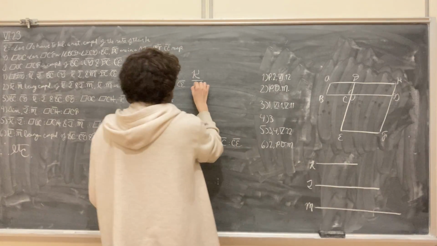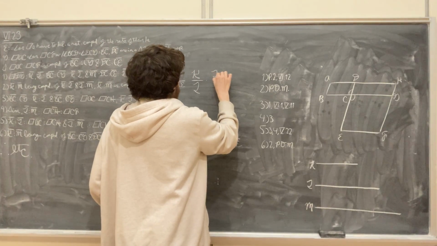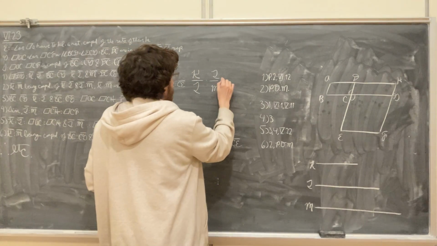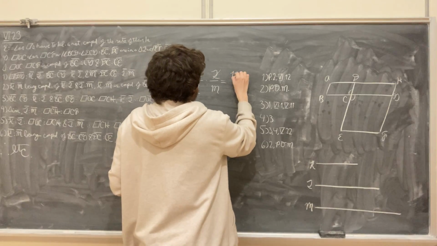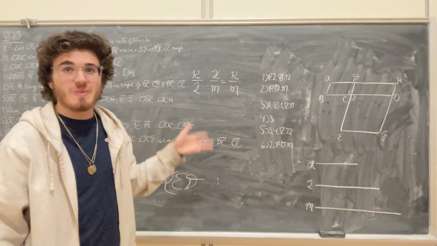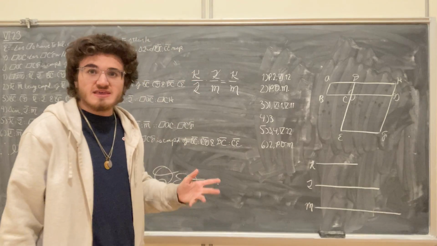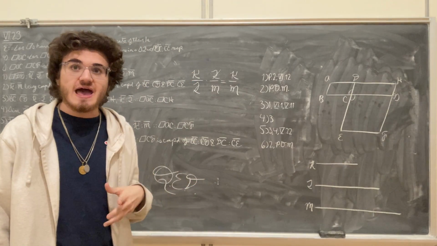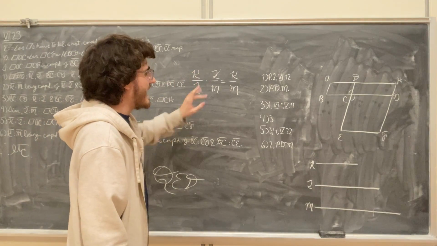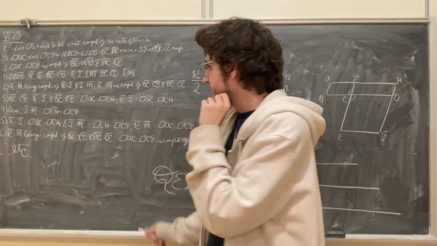If we take K divided by L, which is the ratio K to L, and we multiply it by the ratio L to M, this composition, which is just multiplication, is going to be the ratio K to M. So when Euclid says that the ratio K to M is compounded of the two ratios K to L and L to M, you can think of that as the ratio K to M being the product of the two ratios K to L and L to M, which then implies something kind of interesting for parallelograms.